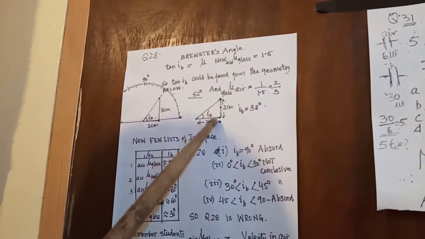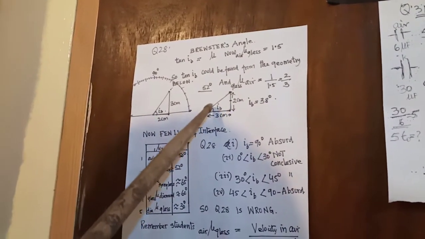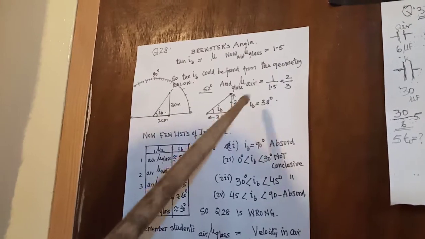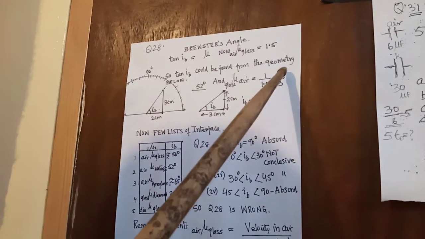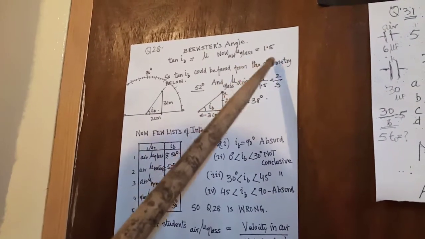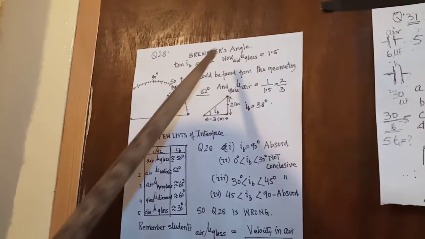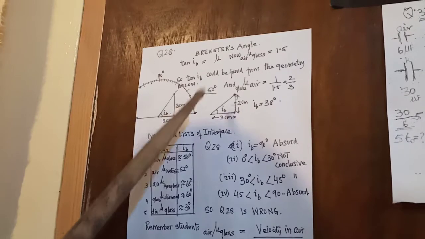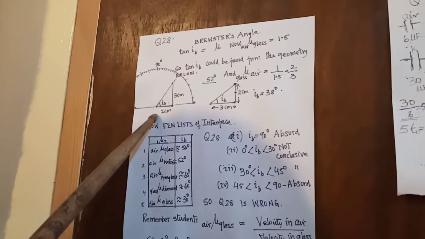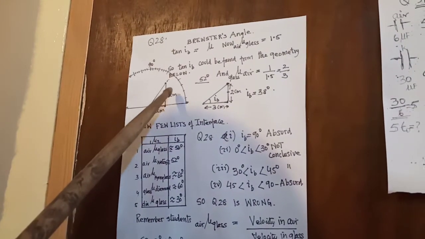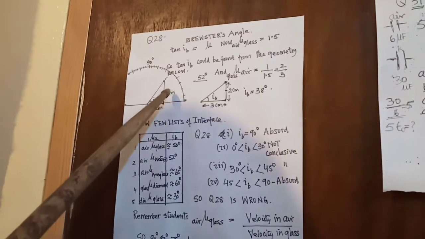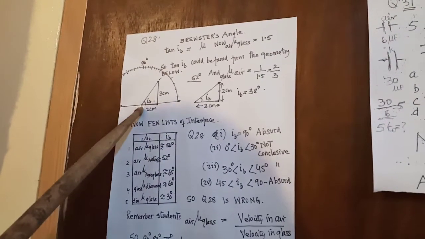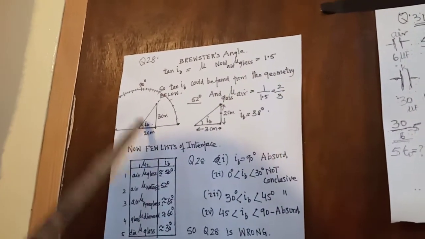What is tangent of IB? In the first case, when it is 1.5, let us say the opposite side is 3 centimeter and the base is 2 centimeter, so tangent of IB is opposite side by base, so we'll get 1.5.